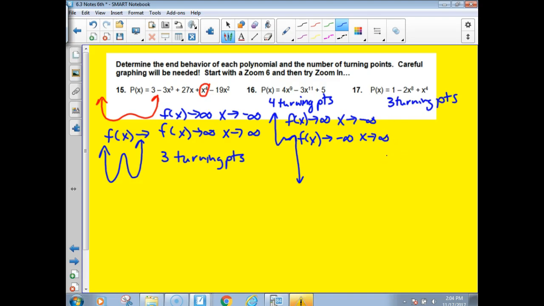The end behavior was down, down, so f of x is pointing towards negative infinity as x approaches negative infinity, and f of x, the graph, is approaching negative infinity as x approaches positive infinity. Okay? Sure. And this one looked like that, right?